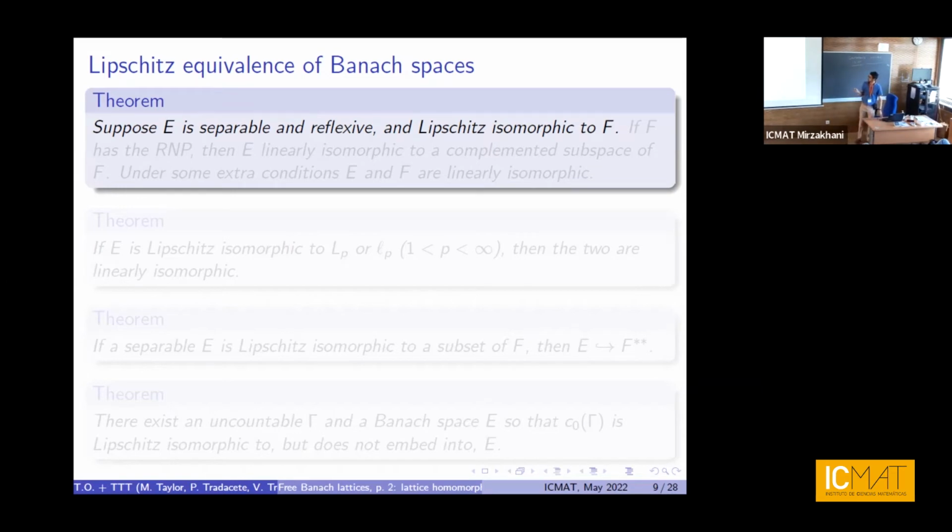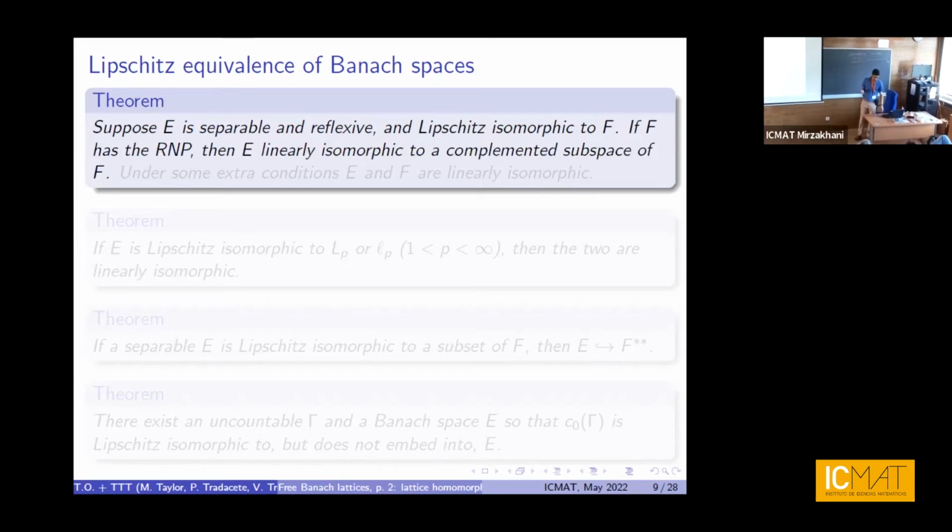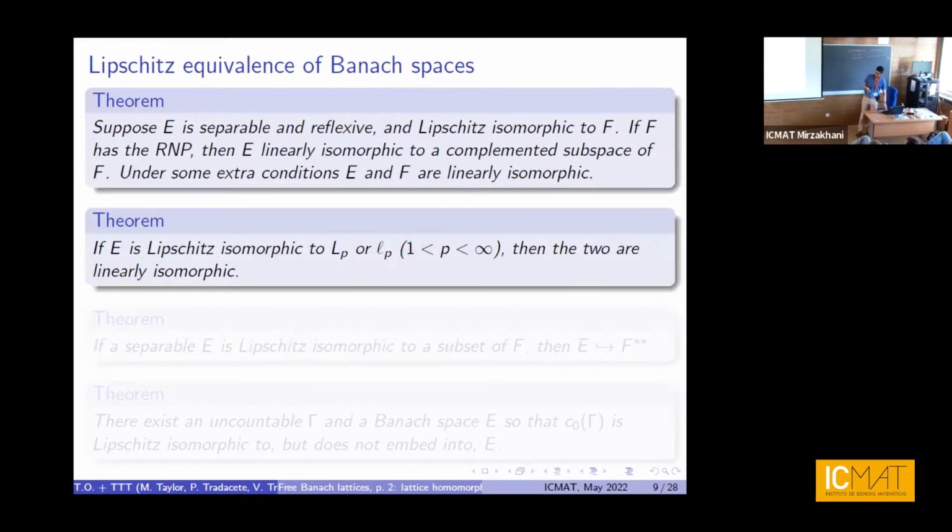Let's say we have two Banach spaces, E and F. One of them, E, is separable and reflexive, and let's say it's Lipschitz isomorphic to F. If F has the RNP, and I'm not going to tell you what it is, then E has to be linearly isomorphic, not necessarily to F itself, but to a complemented subspace of it. And under some technical extra conditions, E will be linearly isomorphic to F itself. So under certain conditions, being Lipschitz isomorphic implies being linearly isomorphic.